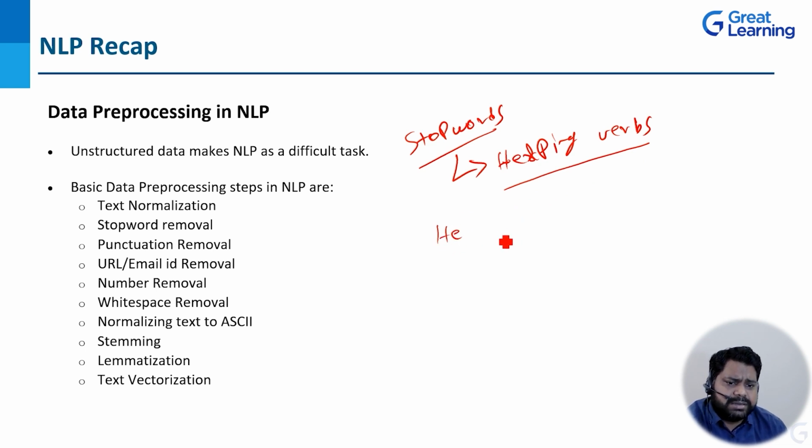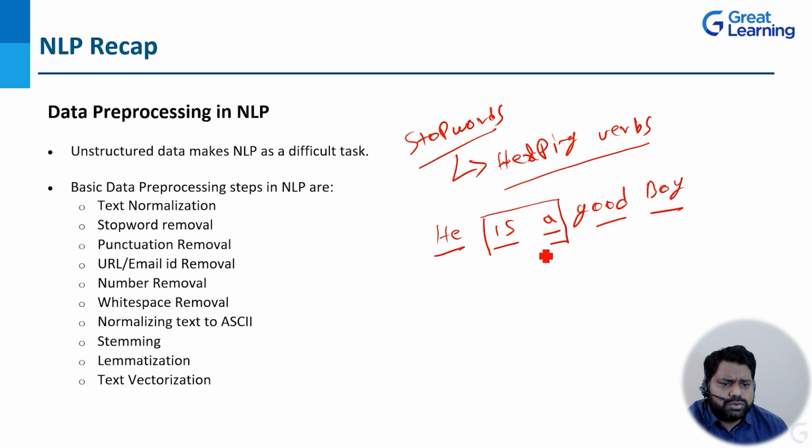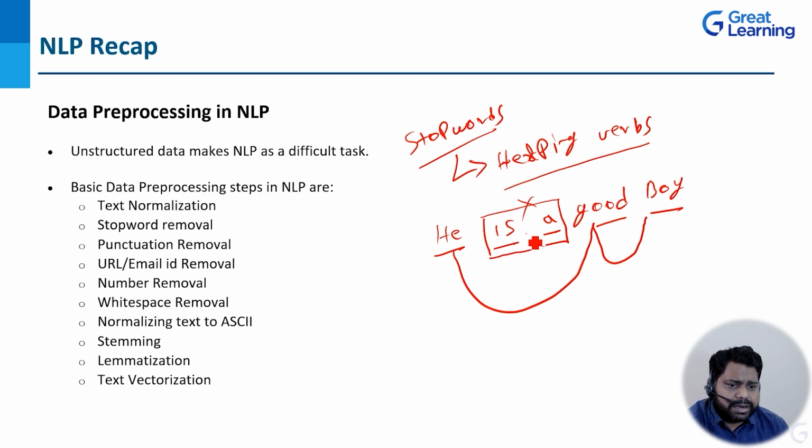Let's say, "he is a good boy". If we see, there are a total of five words. However, if we remove "is" and "a", we can still get the information: he good boy. That means we are talking about a boy who is good in nature. So we can remove them.